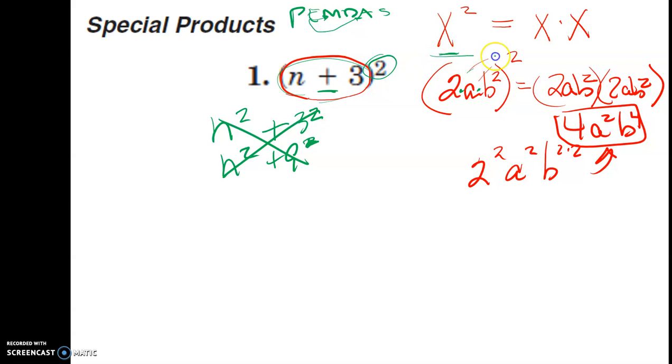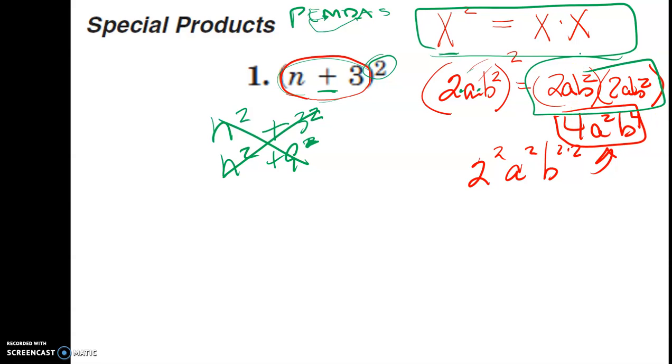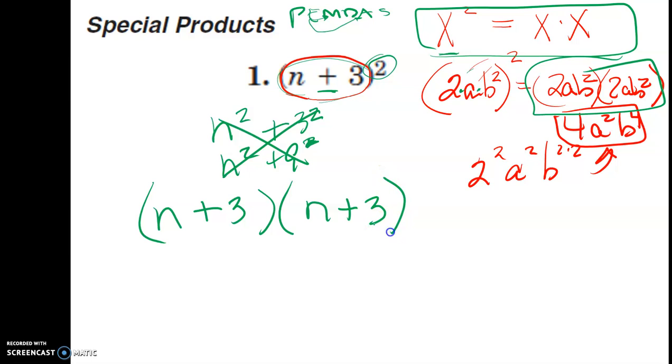So we need to use this thinking up here that we have to multiply it by itself. There's no way of getting around it. So this tells us to take n plus 3 and multiply it by itself, n plus 3. You should be looking at that and thinking, okay, we were foiling when we had two binomials together. So this actually means to FOIL.